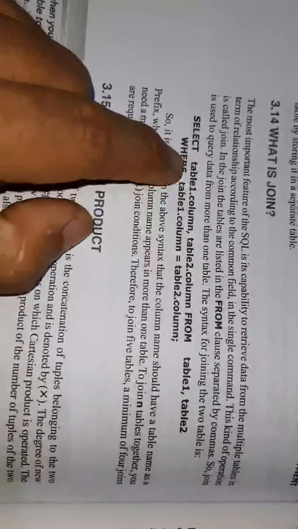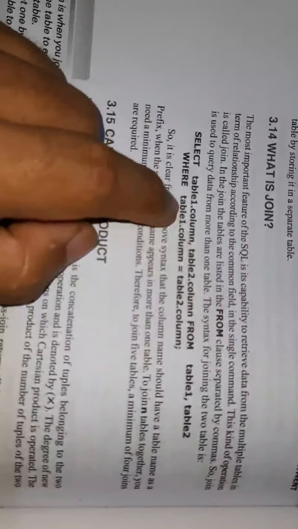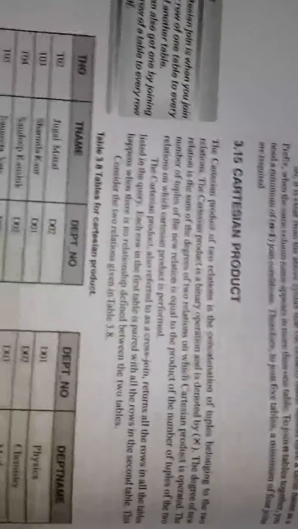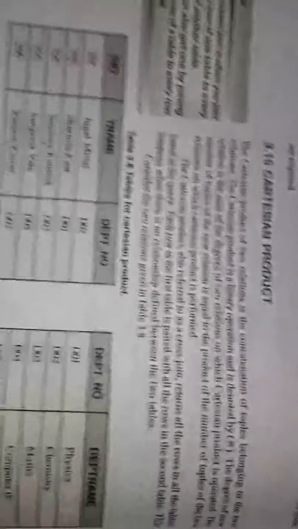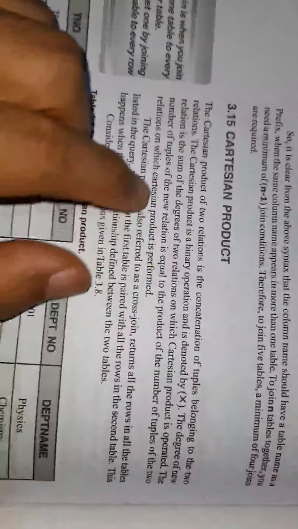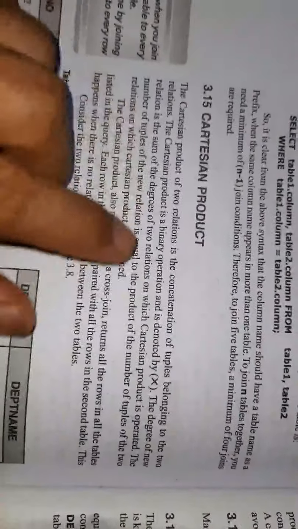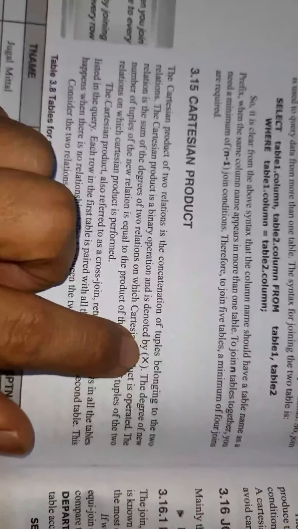Similarly, in the where clause also we associate the column and the value with the table using this dot operator. Now coming back to the Cartesian product. So what is this Cartesian product? This Cartesian product is denoted by this X symbol.